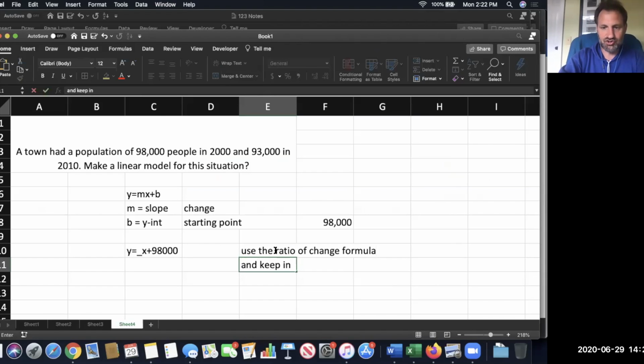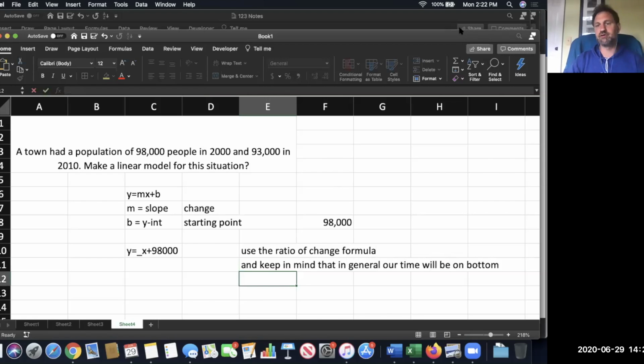and keep in mind that in general, our time will be on the bottom. So our time variable here, we're going to call the x. That happens because normally we let time be what we call the independent variable.